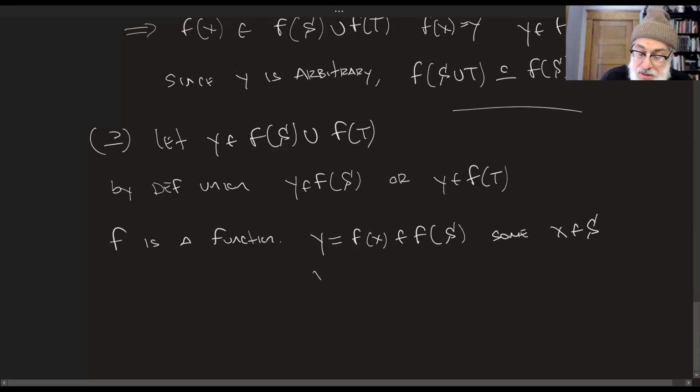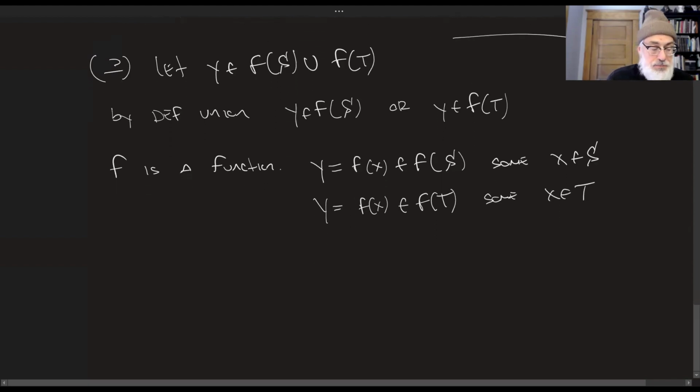And again, the same is true for the other, that y equals f of x is an element of f of t for some x in t. So what does that mean? Well, that means that x is in S union t, since this is an OR statement.